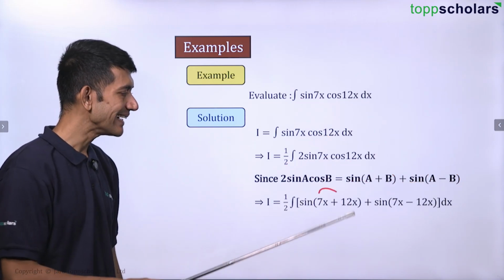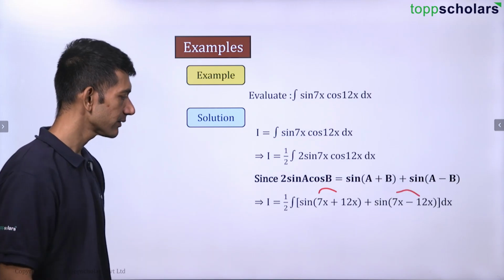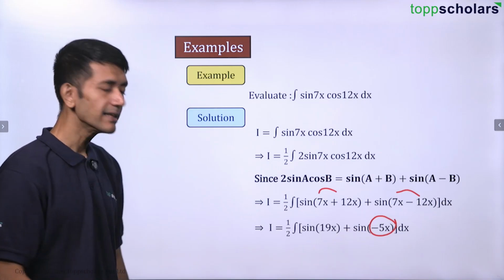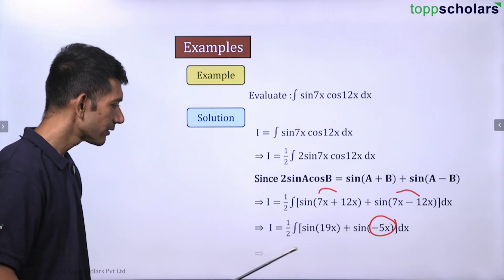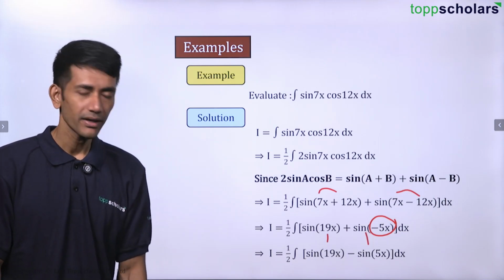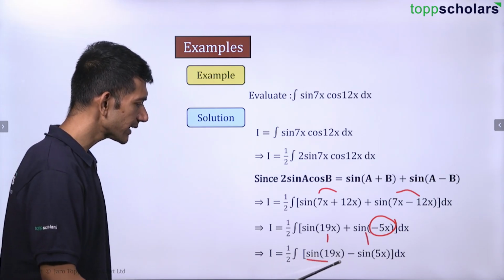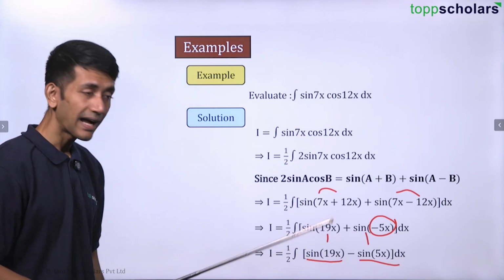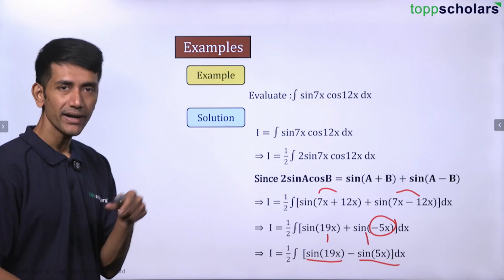Now this becomes 19 and this becomes minus 5. Recall, sine of minus theta is minus sine theta. So this becomes sin 19x and minus sin 5x. Now you just need to take the integration of this. Integration of sine is minus cos, and then divide by 19 and by 5.